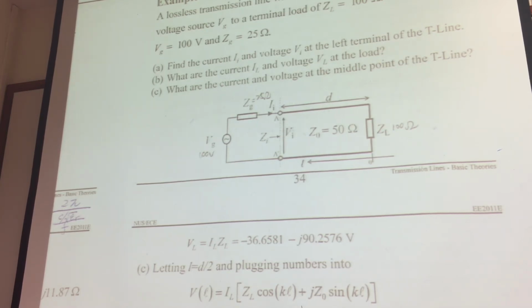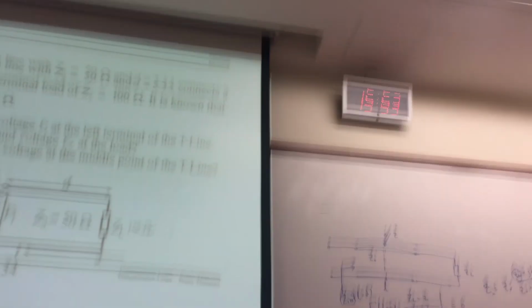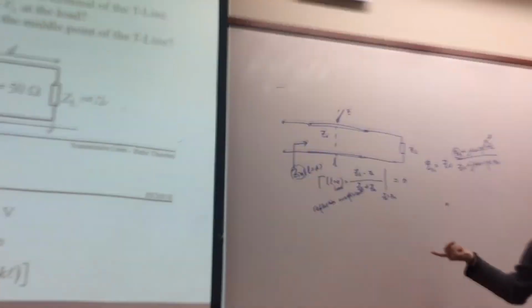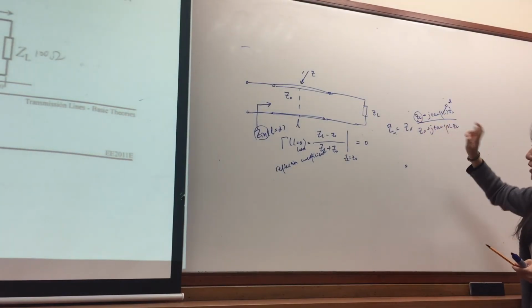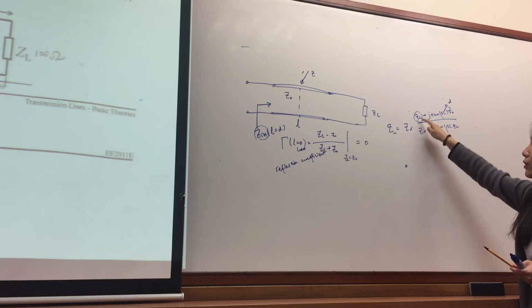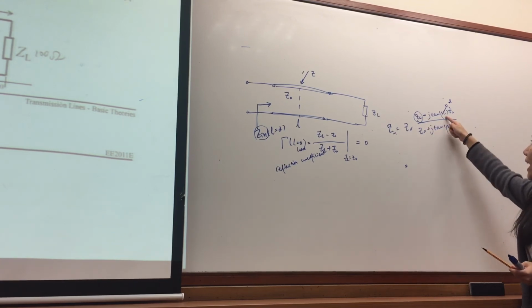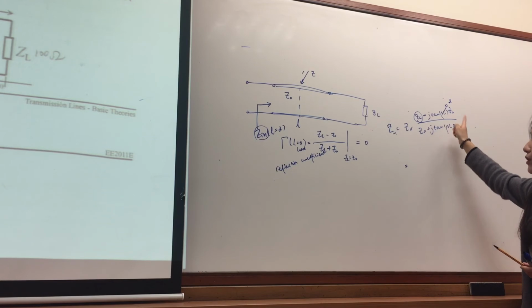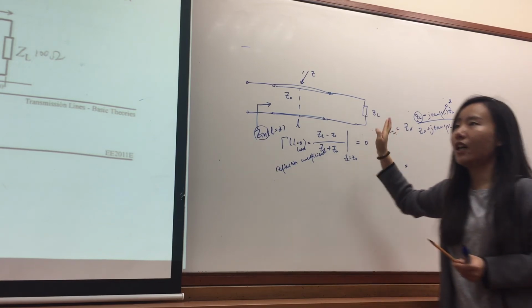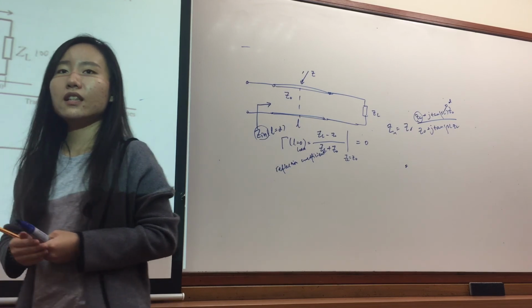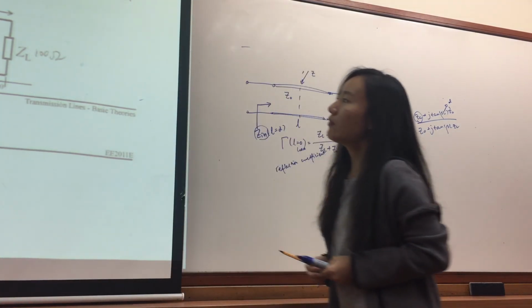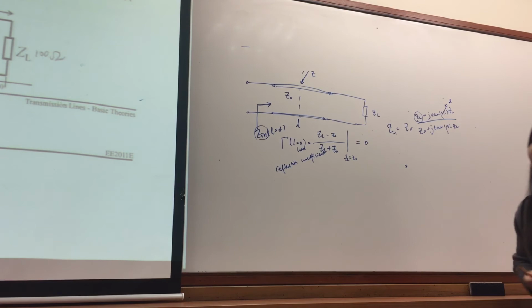Again, this telegraph equation helps you calculate impedance at any point with respect to the load. As long as you know the load impedance and the distance between the load and the observing point, that is l, then you can calculate the impedance at your observation point. So then I can calculate Zi.